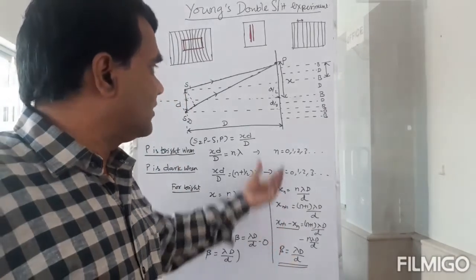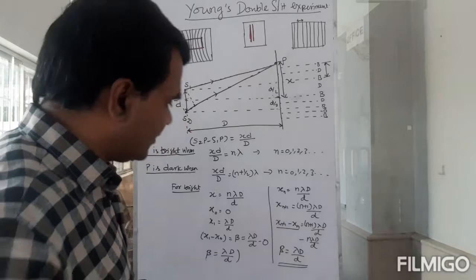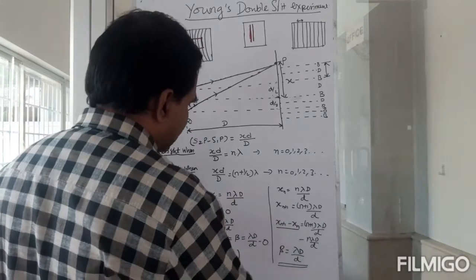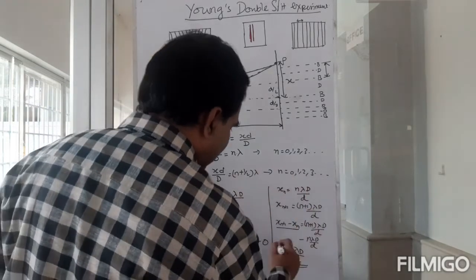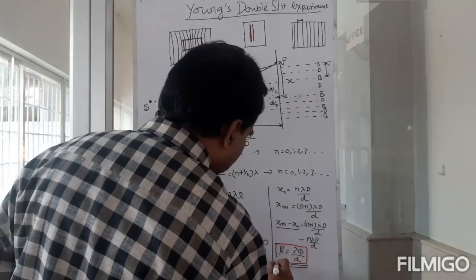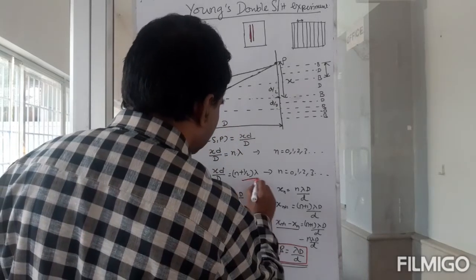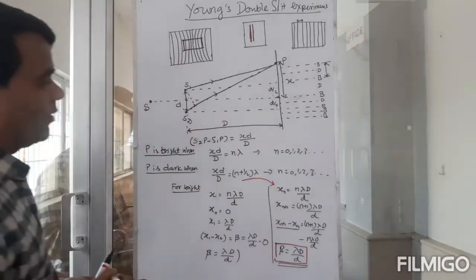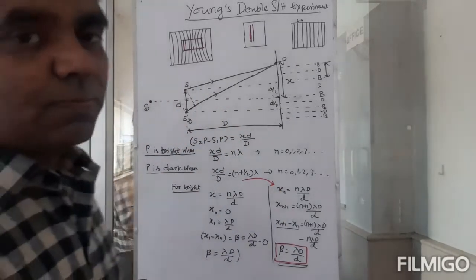These are the things which decide the beta. Okay. So this is for the purpose of illustration, but this is the actual condition. Hope you understand this. Okay, now let's do some example problems.